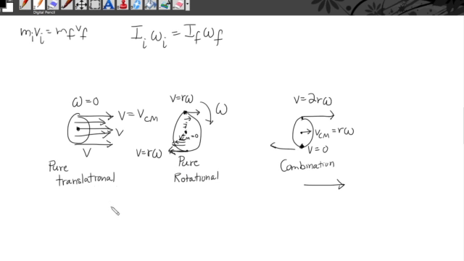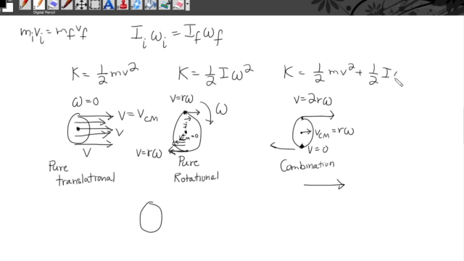I forgot to mention, here you would use K equals 1/2 mv squared since there's no angular velocity. Since there's no translational velocity here, you use 1/2 I omega squared, and here you would add up the two.